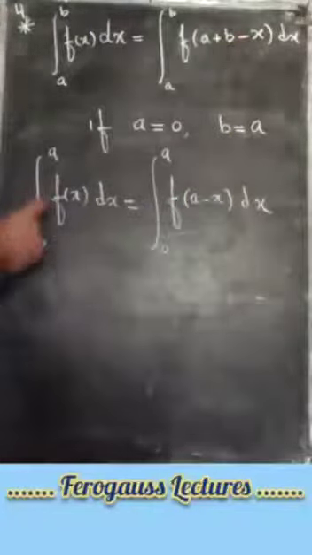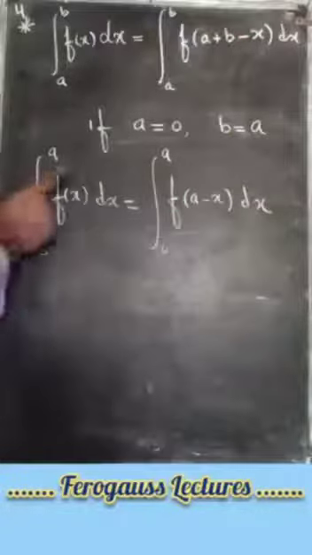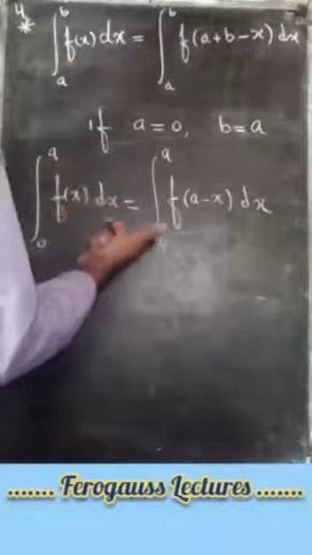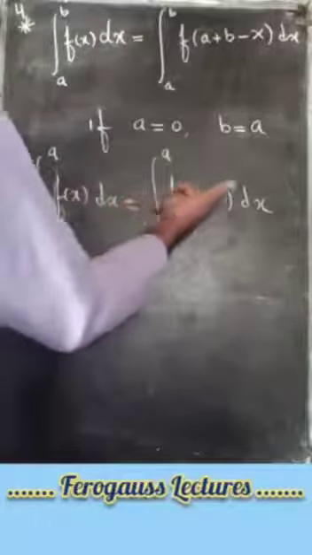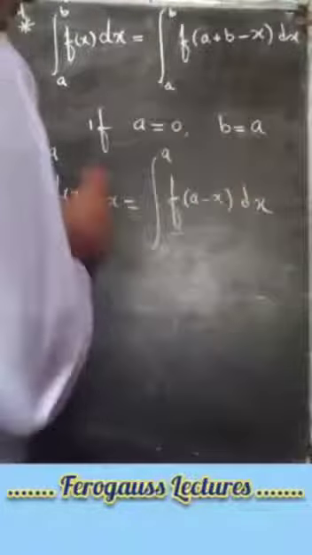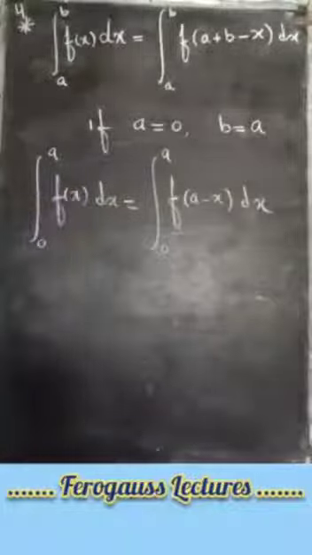If we have an integral from 0 to a f(x) dx, this is equal to integral 0 to a f of a minus x dx. That completes the result.